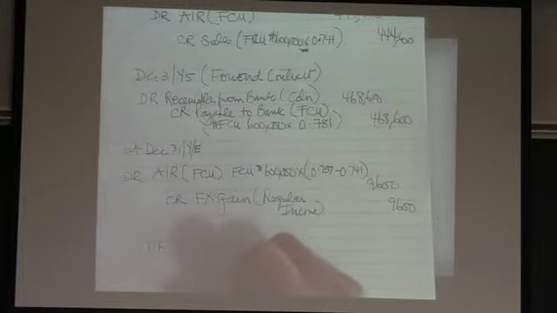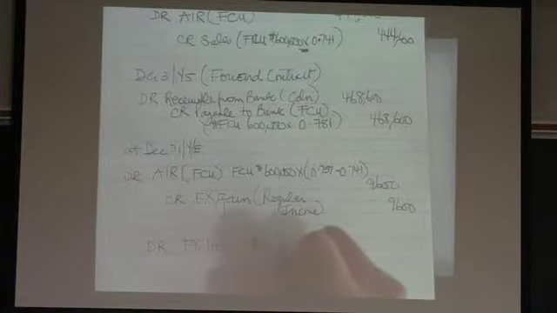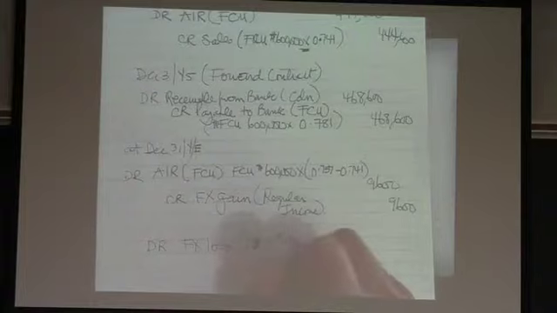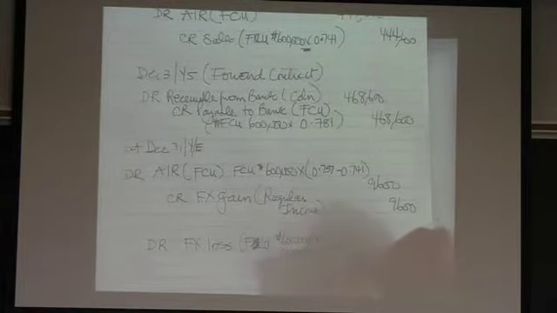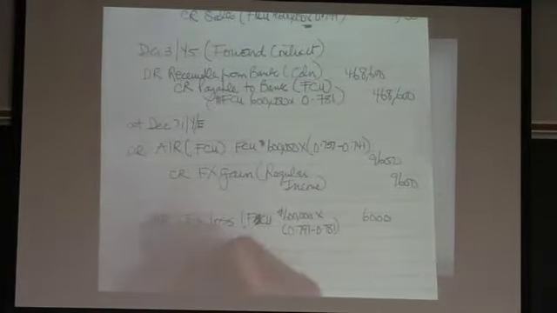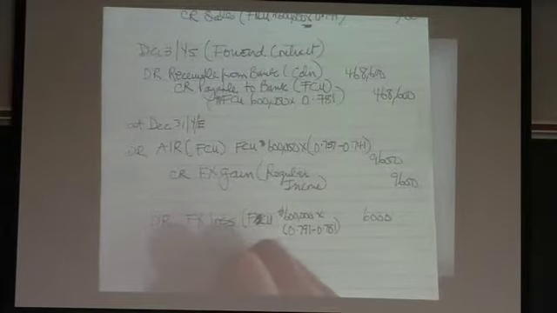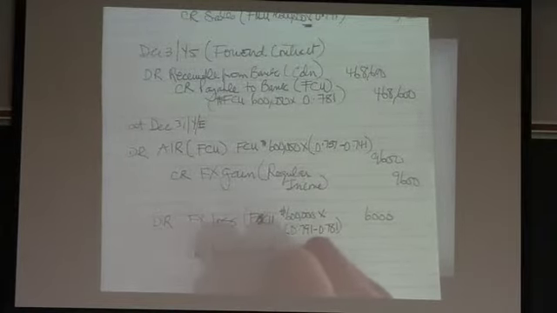And that is the difference between foreign currency unit 600,000 times the difference of the forward contract rate, 0.791 minus 0.781. And that gives us 6,000. And we're going to credit the payable to bank.